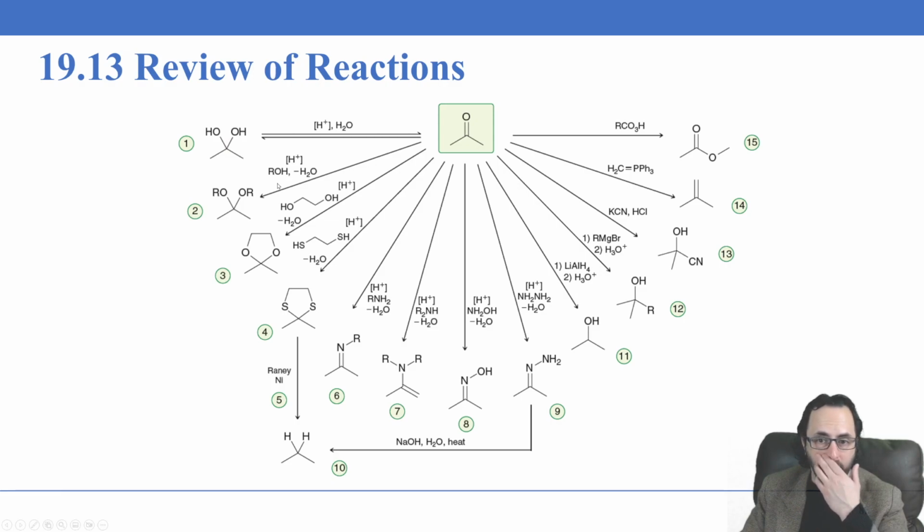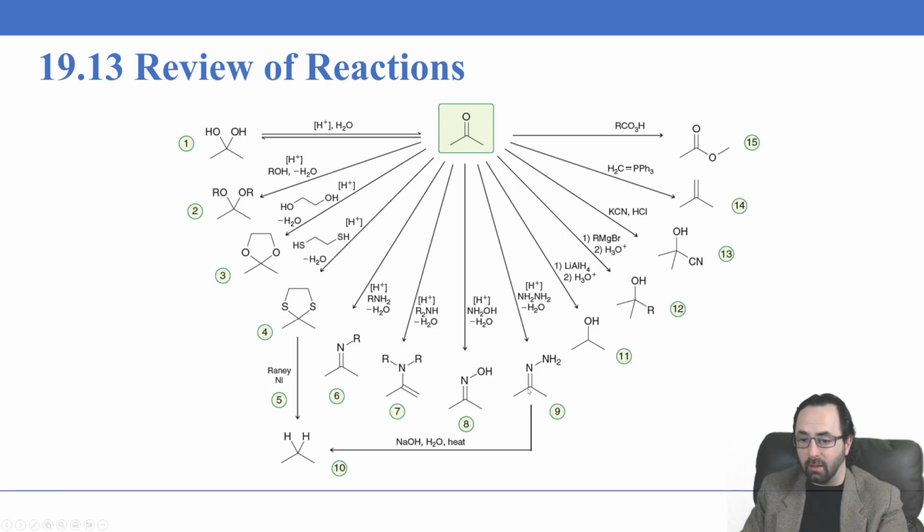If we treat in the presence of an alcohol, we will get an acetal like this. In the case of a diol, we'll get this cyclic acetal. In the case of a dithiol, we'll get the cyclic thioacetal, which can be subsequently reduced by Raney nickel all the way to an alkane.